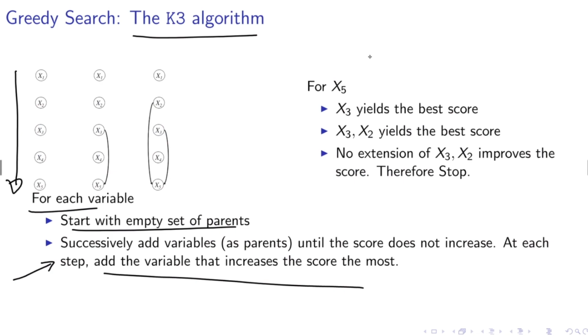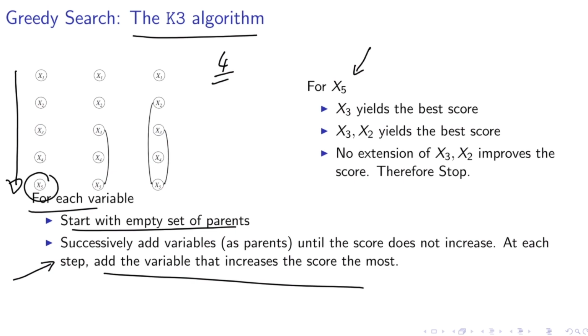So let us look at an example. Let's say we want to figure out what the parents of x5 should be. In the first step, since there are only 5 variables, and x5 is the last variable in the ordering, x5 can have 4 possible parents. So I will evaluate adding each one of these edges in isolation and check what the new MDL score will be.